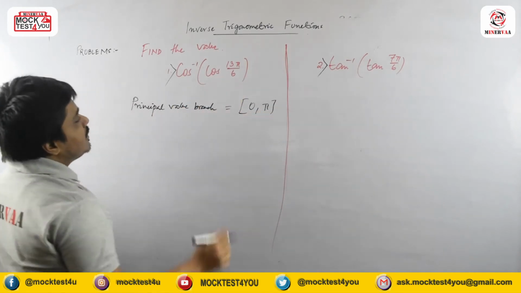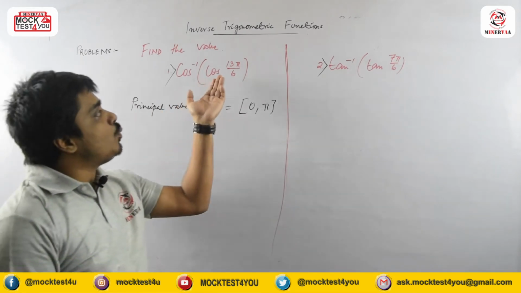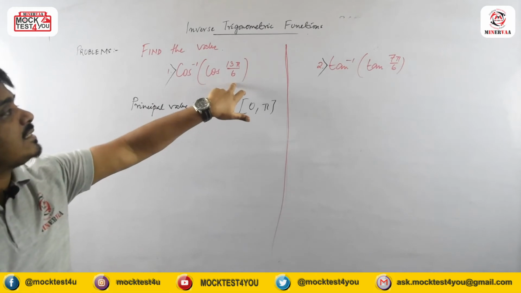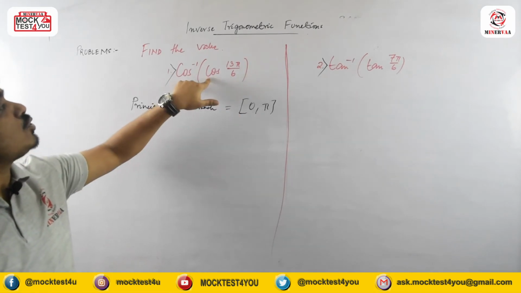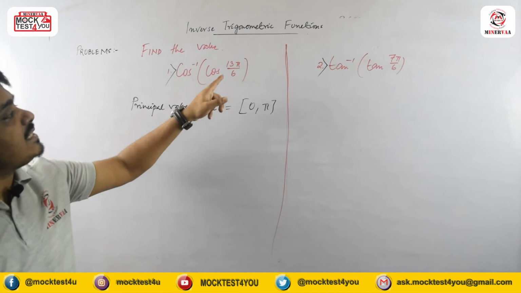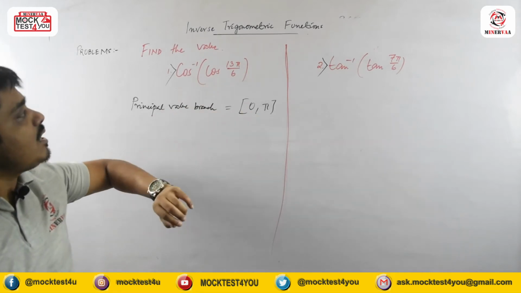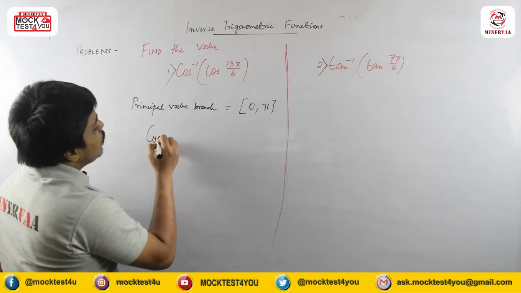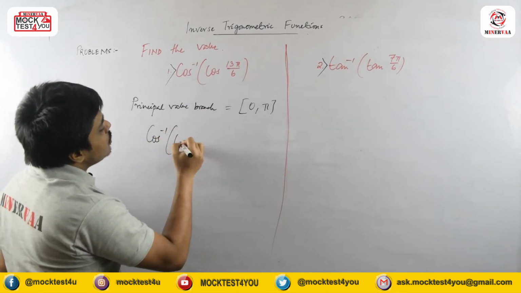But if I look carefully, 13 pi by 6 is way more than pi. So we cannot remove this cos inverse and cos because 13 pi by 6 does not lie in the principal value branch. So I need to simplify this one. So I have to write this one as cos inverse cos of.